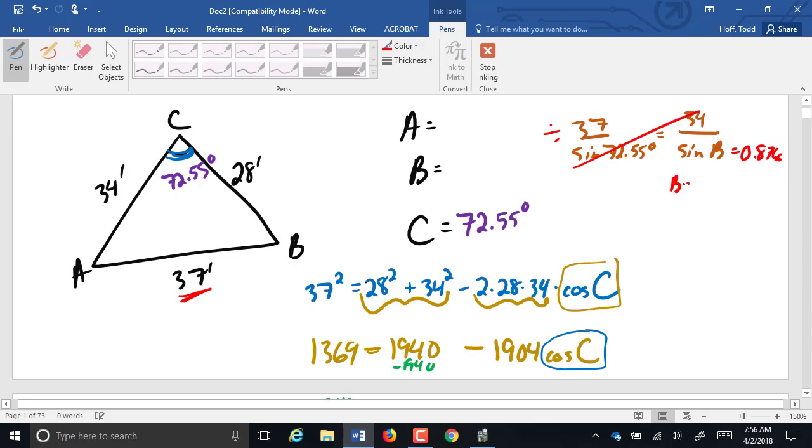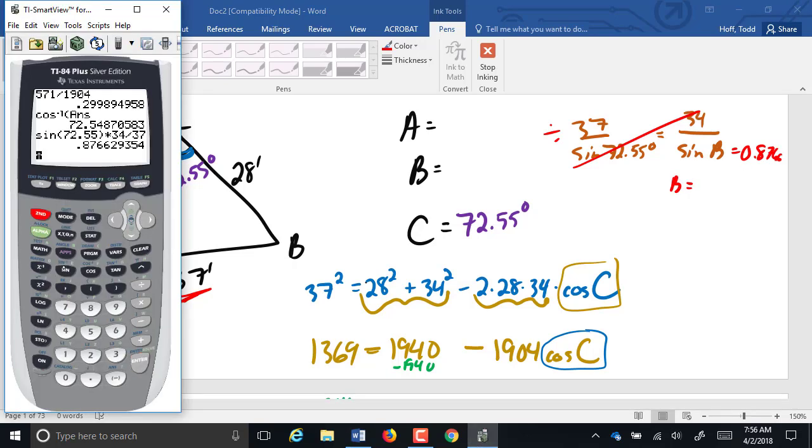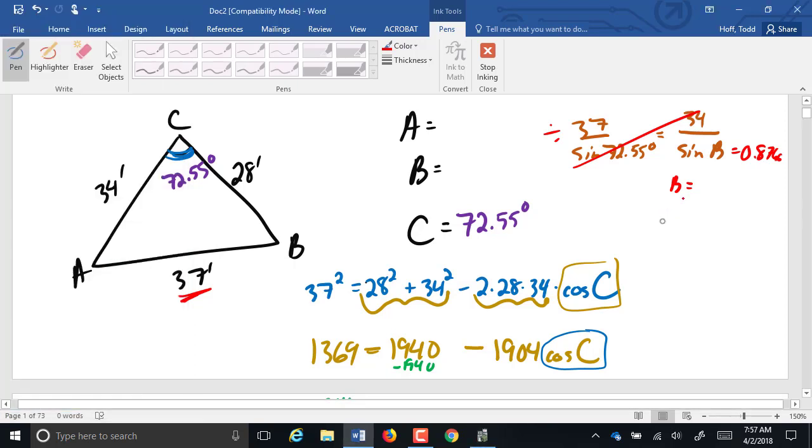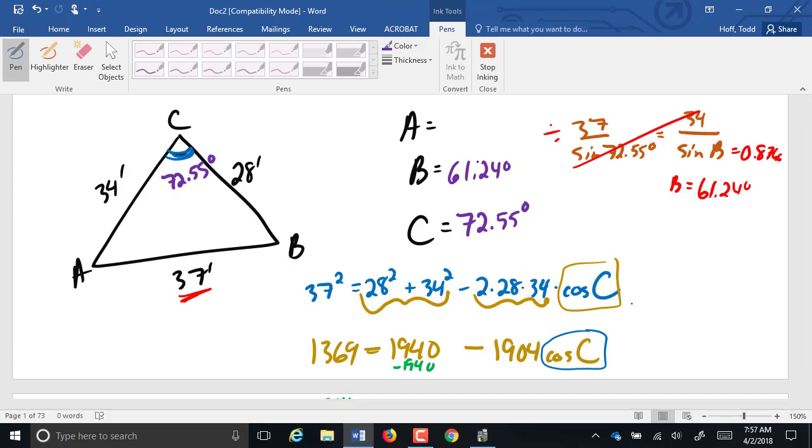So B is an inverse sine of that, 61.24. And then we just add them up and subtract from 180 to get that A is 46.21.